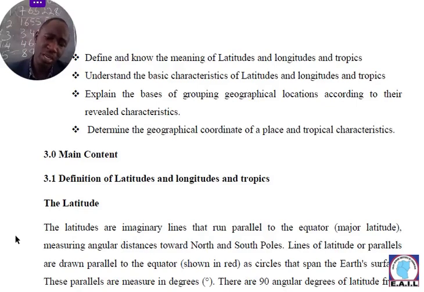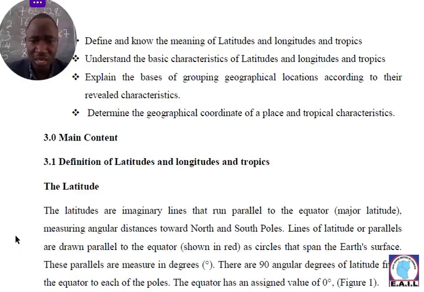Or somebody can also say that these are imaginary lines that run parallel to the equator. In other words, the major latitude is the equator. They run parallel to the equator, and they also measure angular distance towards the north and the south pole.